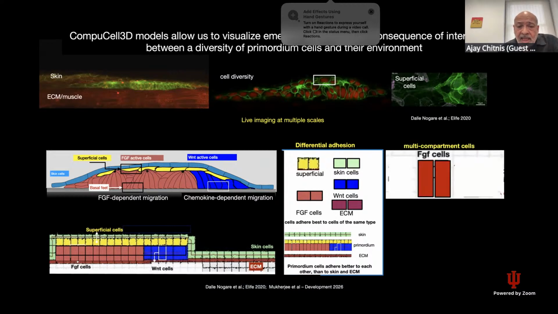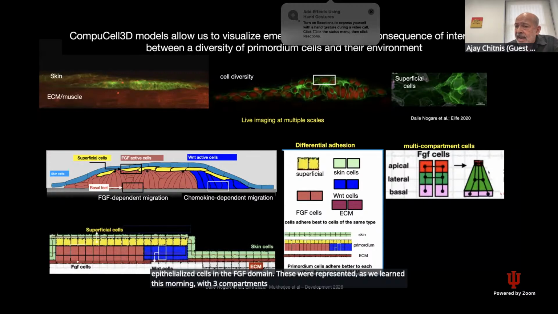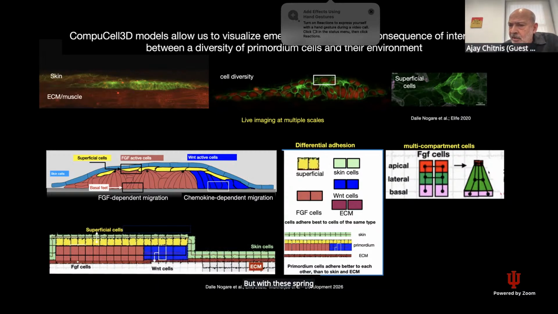Second, we have these tall epithelialized cells in the FGF domain. These were represented, as we learned this morning, with three compartments, apical, lateral, and basal. And using an element that you weren't introduced to yet this morning, these spring-like elements, we could incorporate apical constriction.